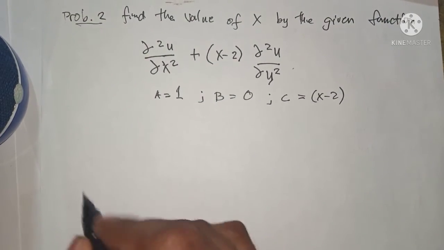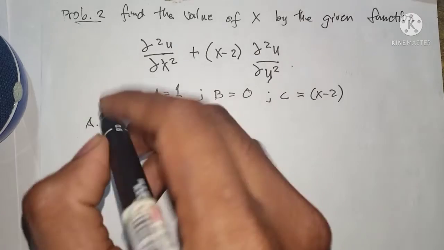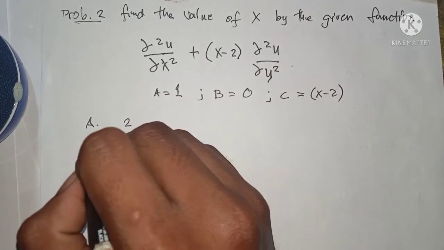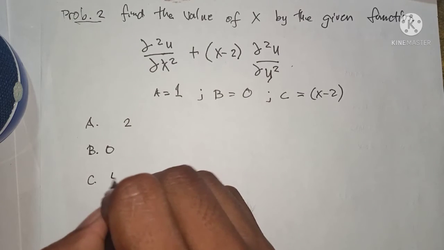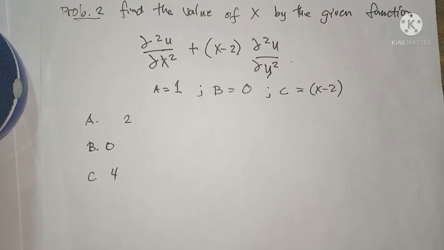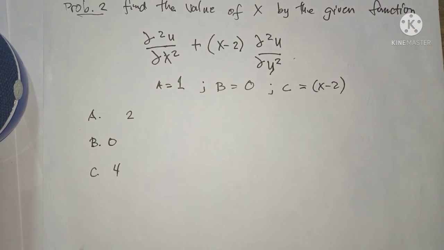The choices here are letter A is 2, letter B is 0, and letter C is 4. So we will show the solution here.